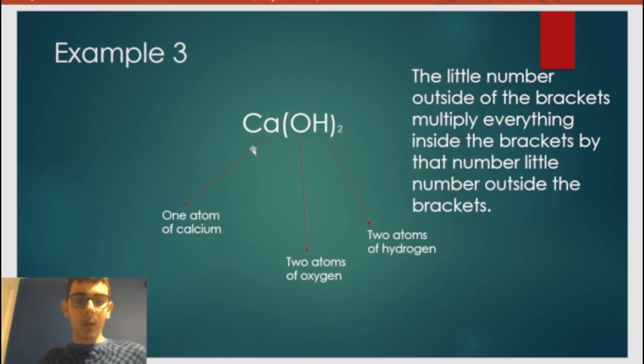So here we've got 1 atom of calcium, then we have 2 atoms of oxygen because there's 1 atom here, we have to times it by 2, and 1 times 2 is 2. And the same with the hydrogen, it's 1 atom here, times it by that little 2 there, here it's 2 atoms of hydrogen.